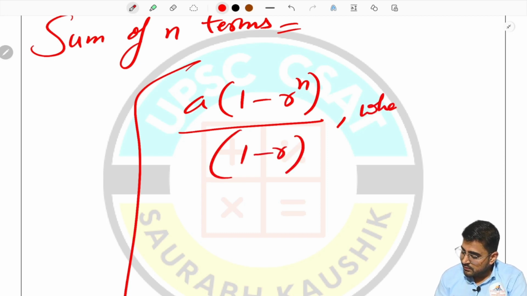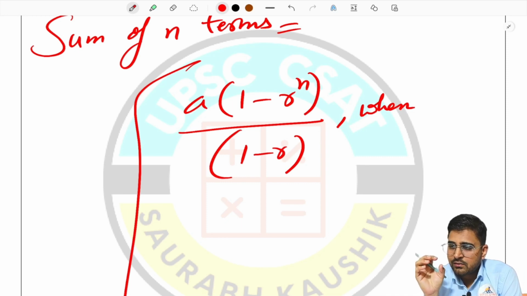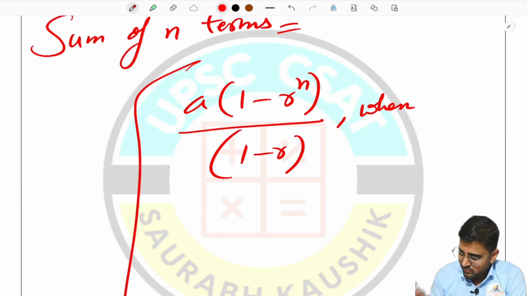When will it be used? Think. When you subtract, there's a basic notion that you subtract the smaller from the bigger one. So in this expression, 1 is the bigger one, because if you reduce r from 1, something substantial remains.